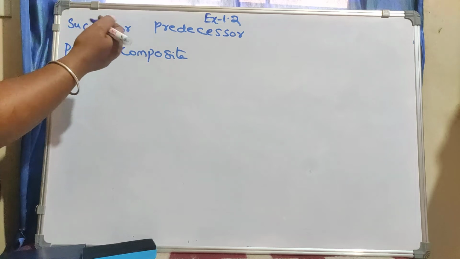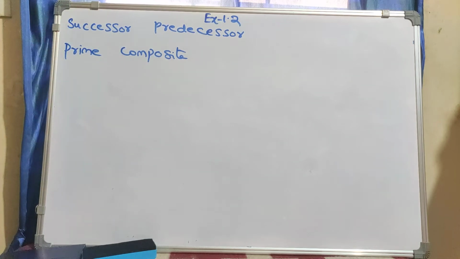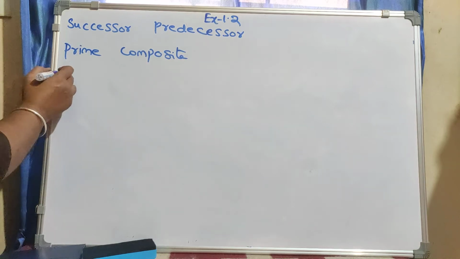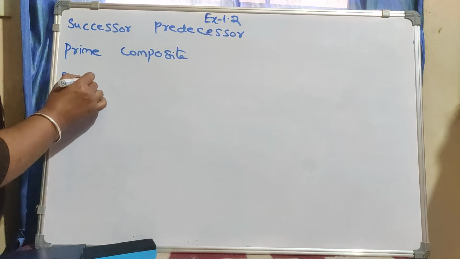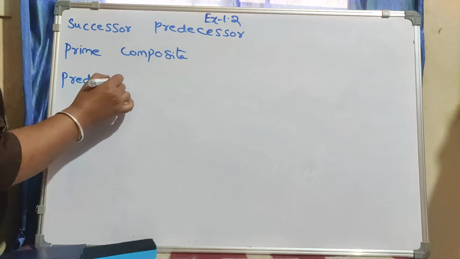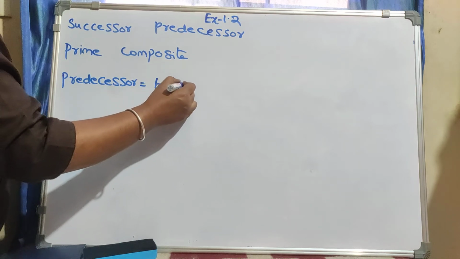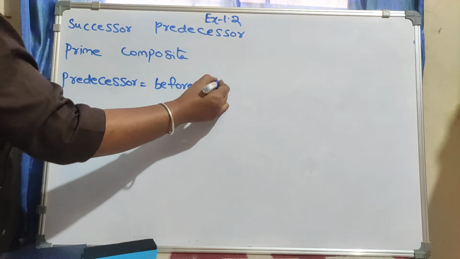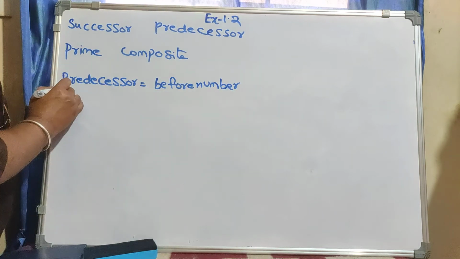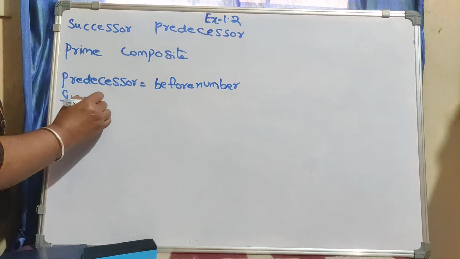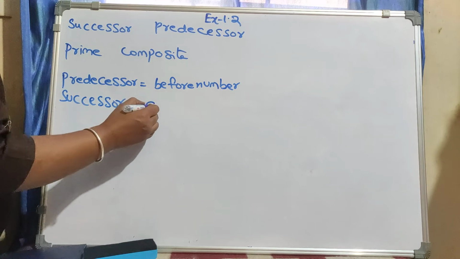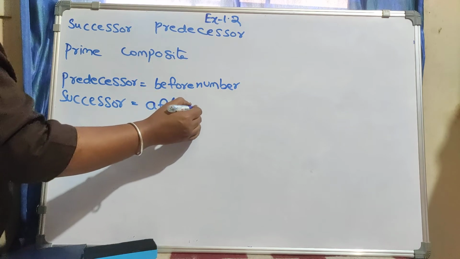What is successor and what is predecessor? Successor and predecessor are nothing but before number and after number. Predecessor means before number. Successor means after number.